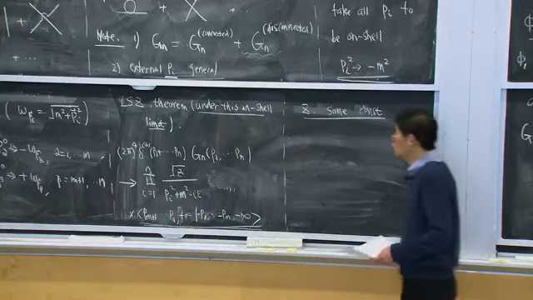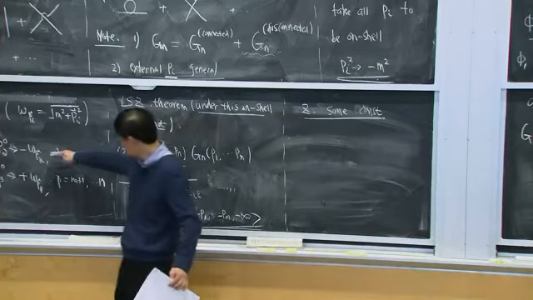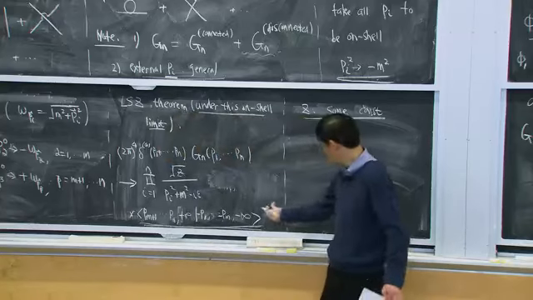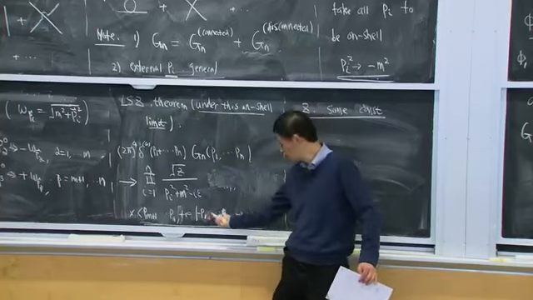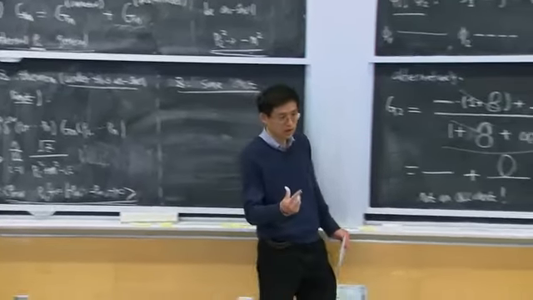So essentially, whether you choose the negative root or the positive root decides whether you are in the initial state or in the final state of the scattering amplitude.